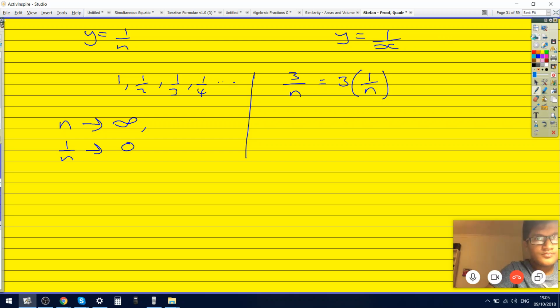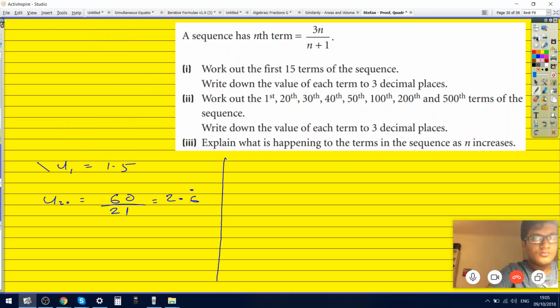No, let's go back for a second. So this one here, what would be, if we were to put into a calculator, like the 500th term or something? So 1 over 500, or? No. So this one again, 3n over n plus 1.